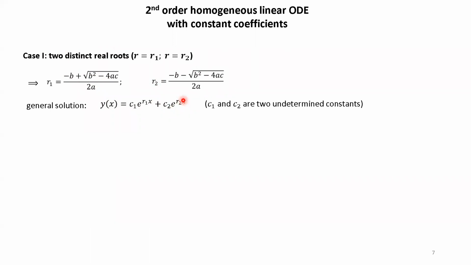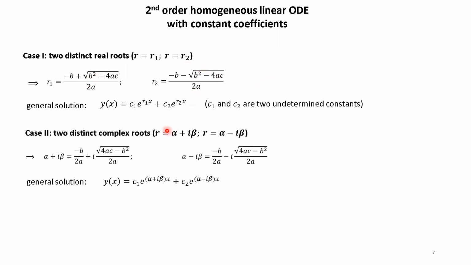Okay. So now the second case is that, well, the roots may be complex, right? So not always real roots, right? It depends on whether b squared minus 4ac is greater than 0 or not. Right? If it is smaller than 0, then my root, let me write my root in this form.